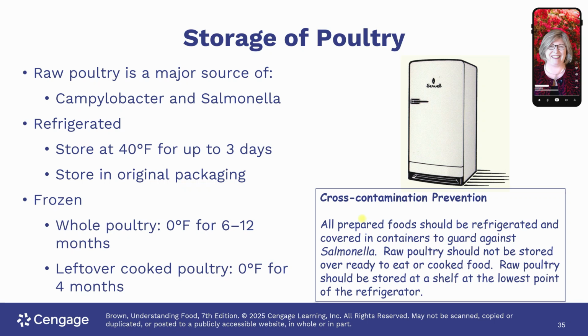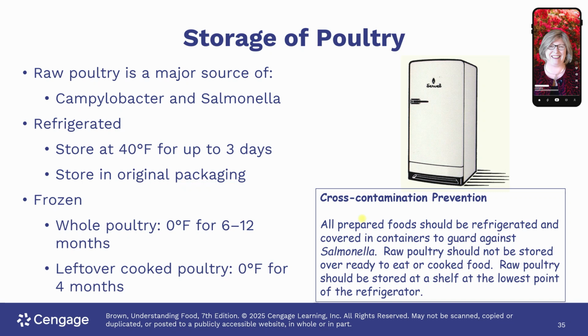That's because raw poultry has to be cooked to a higher temperature than pork or fish or beef. It has to get up to 165 degrees. So if raw poultry drips down on anything under it, then that would have to be cooked to 165 degrees. That's why you always put your raw poultry on the lowest point of the refrigerator.